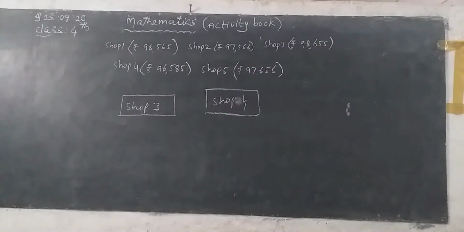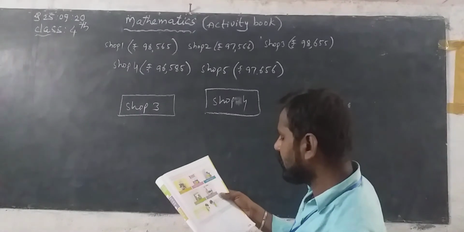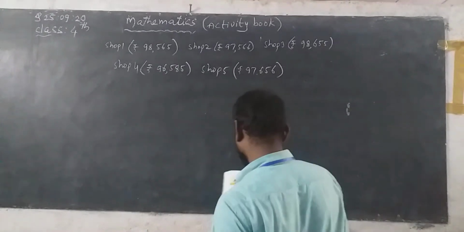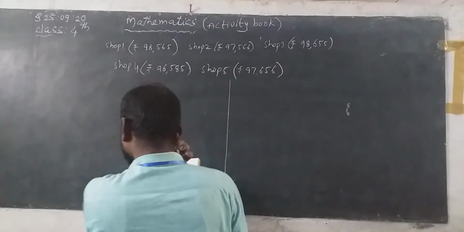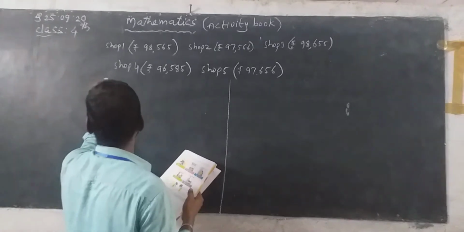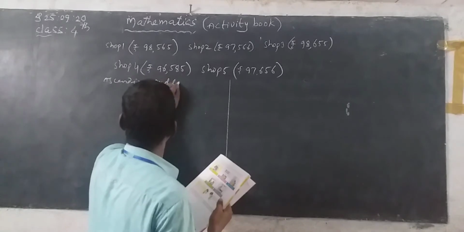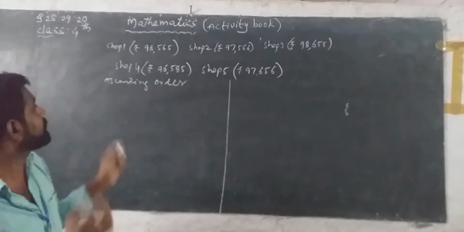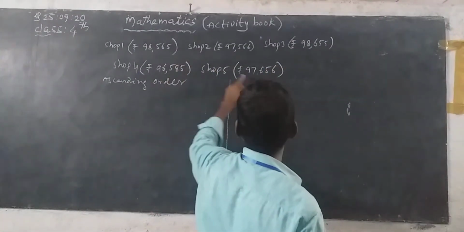Now next, write the amounts collected by groceries in ascending order. Ascending order means which is the smallest number? See here, 98, 97, 98, 96, 97 thousand.